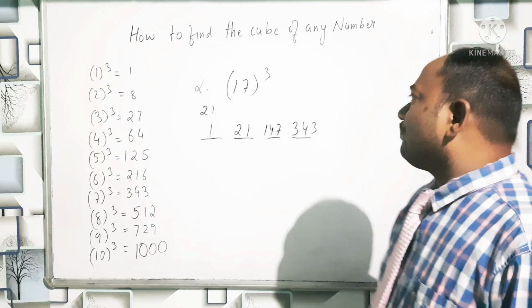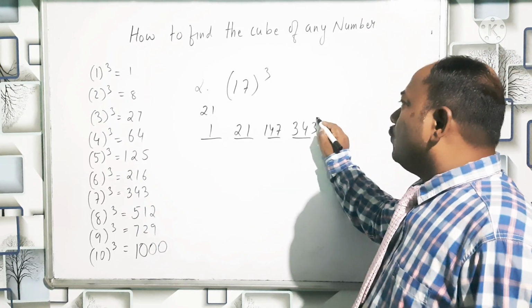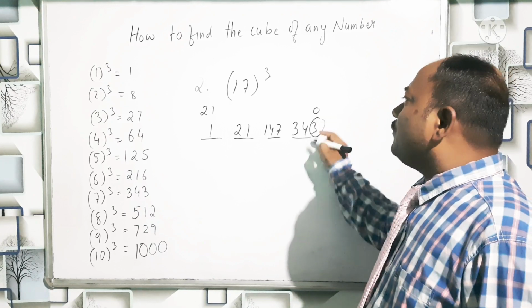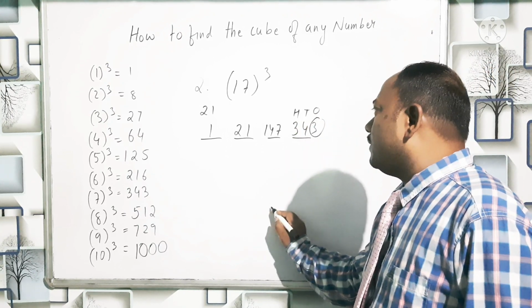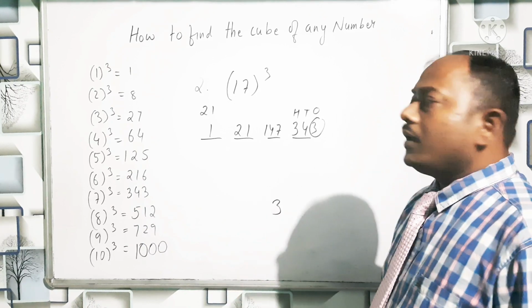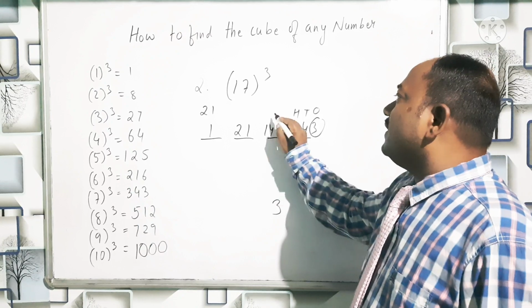147. Now from the fourth part, we'll consider 3 from the ones place. Write 3 and this 34 will be carried on to 147.